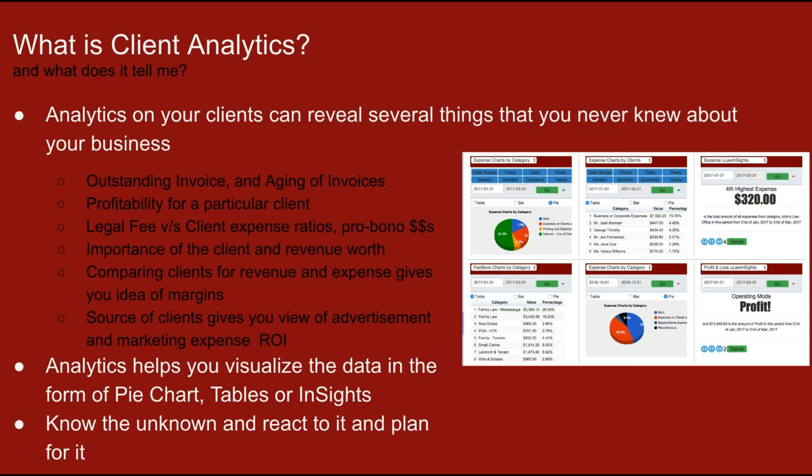Comparing the revenue with the expense, knowing how much profit you have made, and source of clients tells you whether most of your source of contact is from word of mouth or advertisement. If it's advertisement, then is my marketing expense justified there? That is called ROI, return on investment.